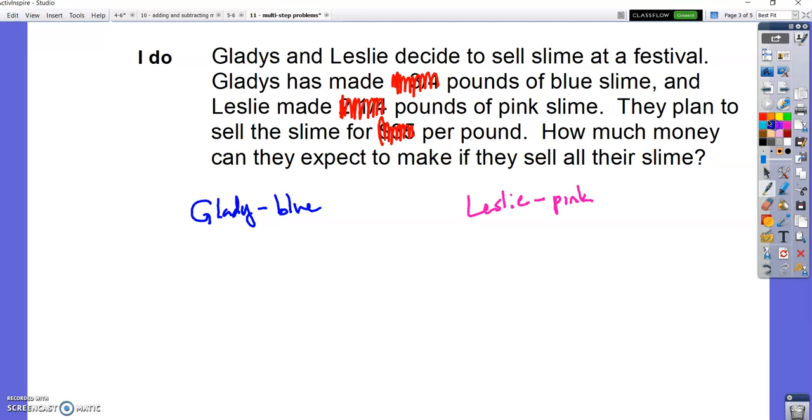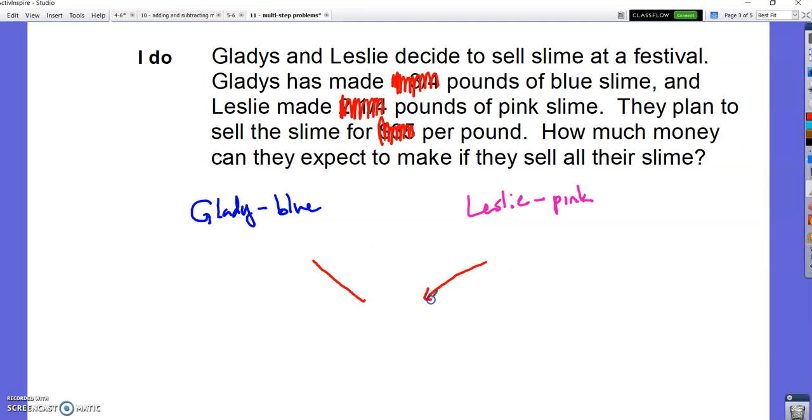So it sounds to me like they're going to combine their slime and then sell their slime for a certain price. So this is what's going to happen. They're going to take Gladys' slime and Leslie's slime, put them together, and then sell the slime and make some money. So the final thing I'm going to find is how much money. That's the question I'm trying to find. After they sell it, how much money will they make? That's really the problem I'm trying to solve.